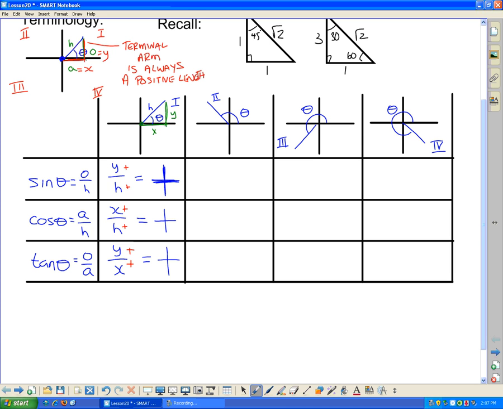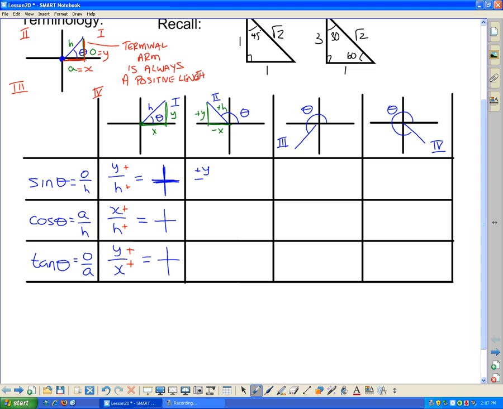In quadrant 2, so making my triangle from the origin, this will be what my triangle looks like. My x value will be negative because I'm going down the negative x-axis. However, my y value will still be positive. The hypotenuse always remains a positive. So sine is my opposite, which is my y value.